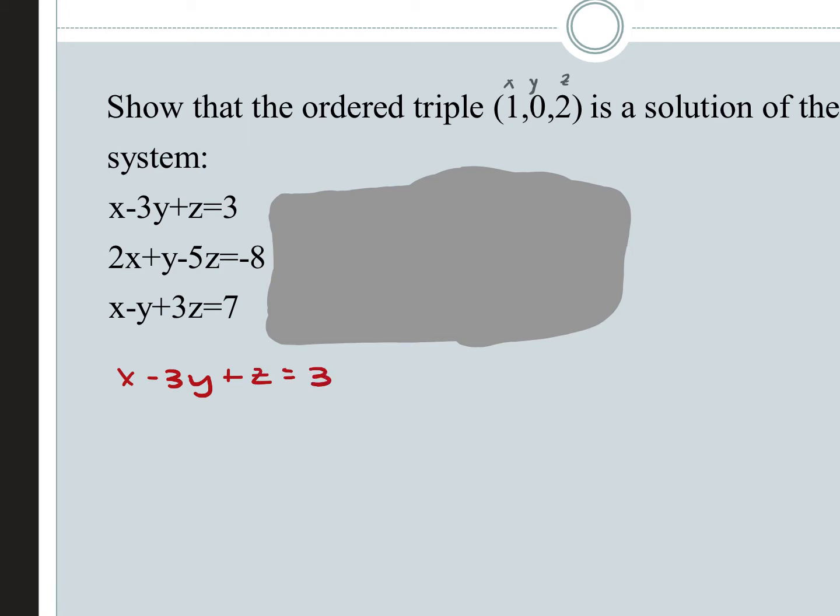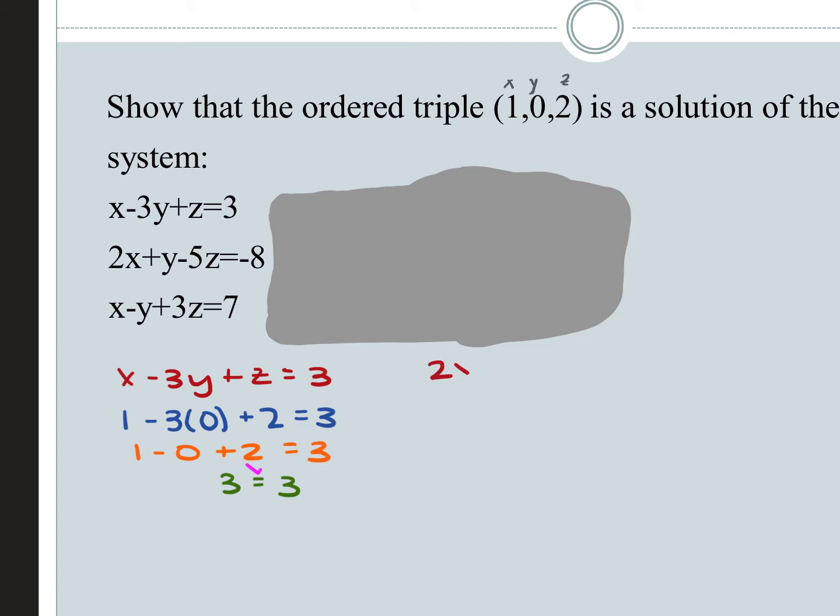We're going to plug in the 1 for x, the 0 for y, and the 2 for z, and simplify. 1 minus 3 times 0 is 1 minus 0, plus 2 is 3 is equal to 3. This works. Check your next one.